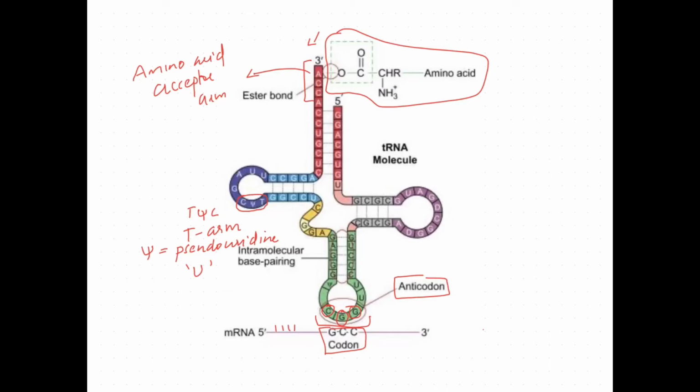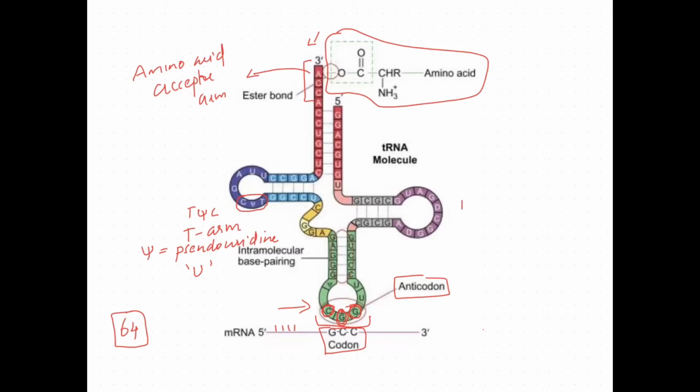So here we can see the anticodon arm carries the triplet which represents the complementary bases of that codon. That means the genetic code. You have seen 64 codes, and all these codes are represented by different amino acids, and these codons are recognized by the anticodon arm of tRNA.